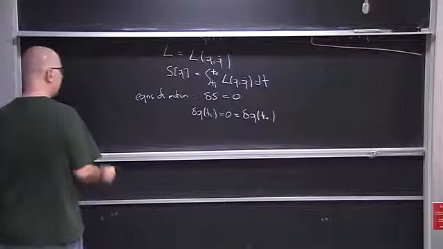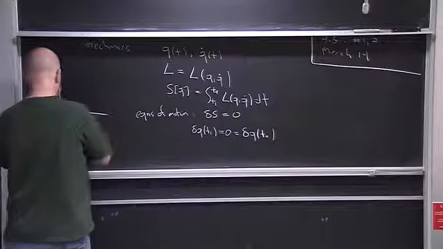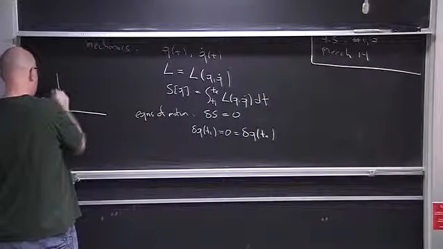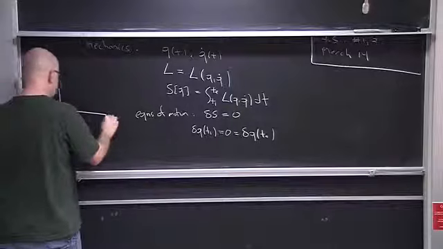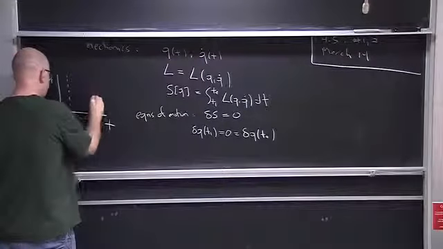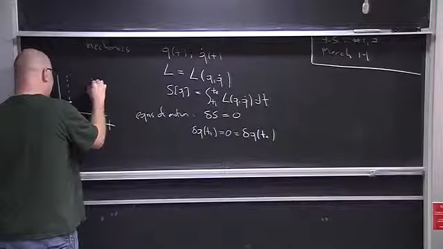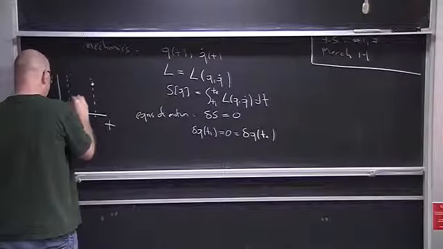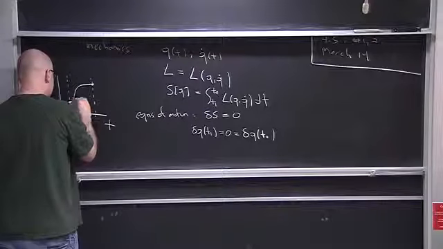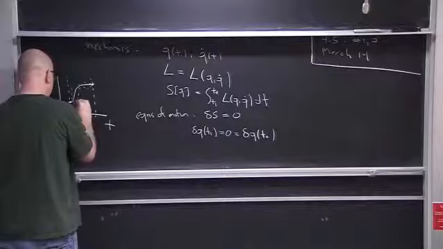So the picture is where we have a plot of q as a function of time. So we start at a given time, and we end at a given time. We start at a given position, and we end at a given position. And then we can consider all paths that link the same endpoint and the same initial point.